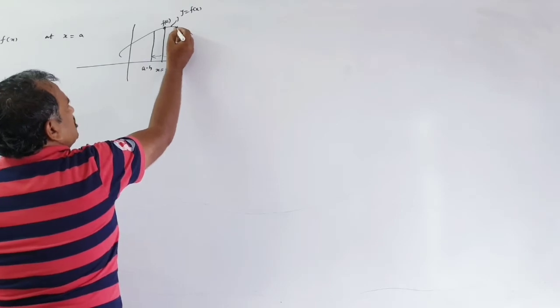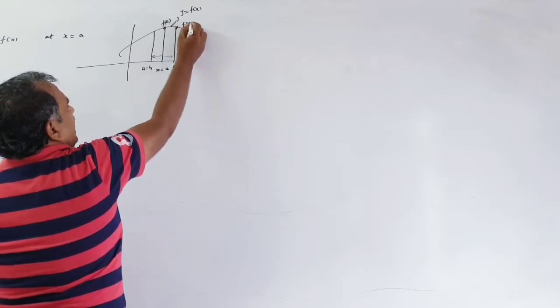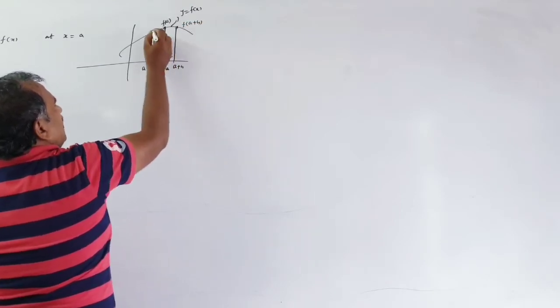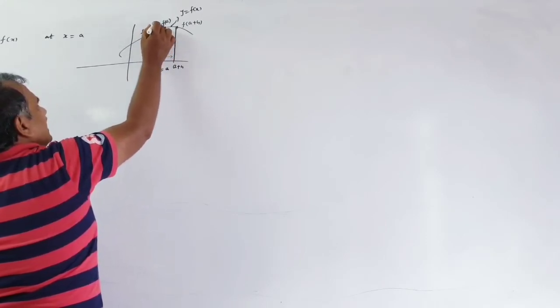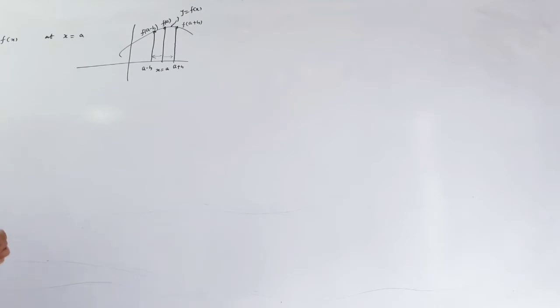So what is the value of this one? f of a plus h. And what is the value of this one? f of a minus h. Now at x equal to a, the value of f of x is f of a.